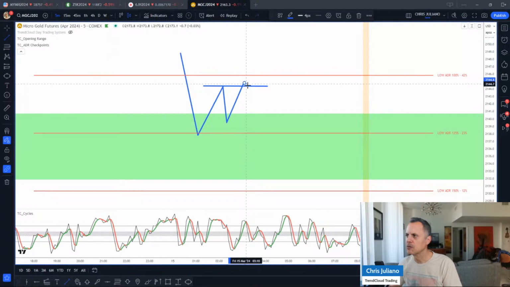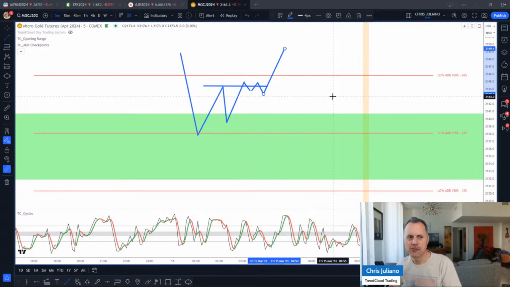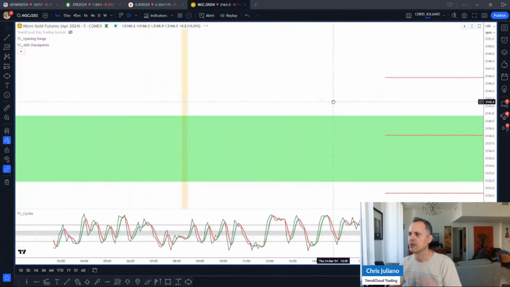And then it goes sideways a little bit and then makes the move up. Okay? That's what you look for when you get into that high time frame supply zone. That's what you look for.